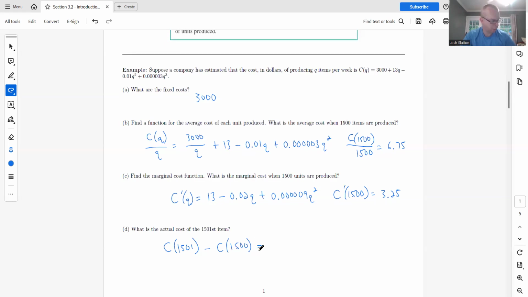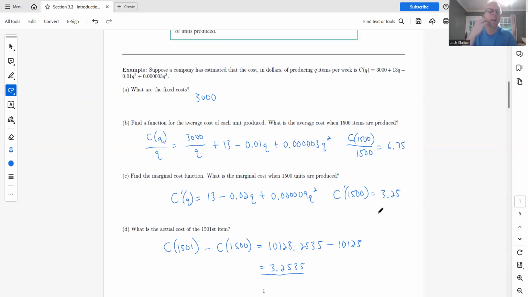C of 1,501 I have is 10,128.2535, and C of 1,500 is 10,125. When we subtract those, we get 3.2535.